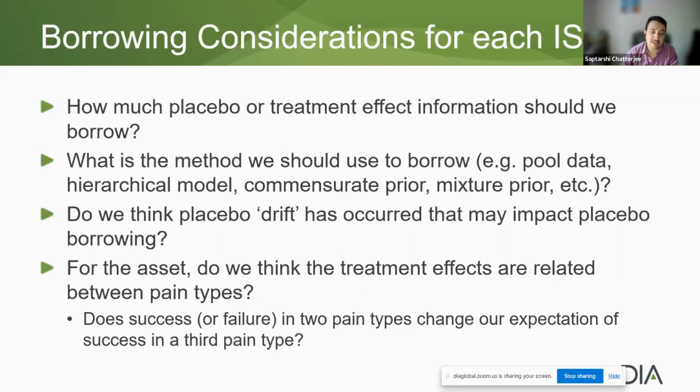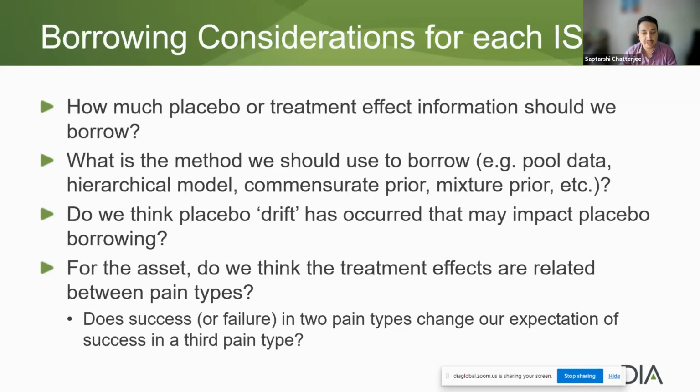And the big question on the treatment effect borrowing is how we think the treatment effects are related between the pain types. One challenge that we face, and we will probably talk about this a little more later, is that because these mechanisms are novel, there was no a priori knowledge of how the treatment effects would be related between the pain types within a particular asset.